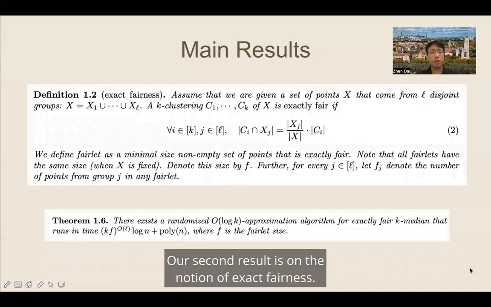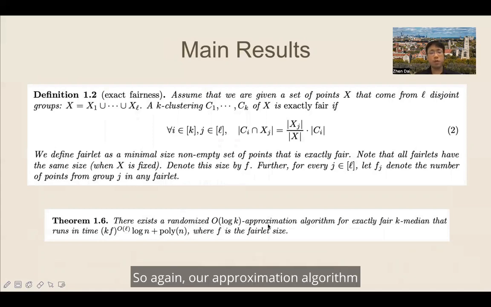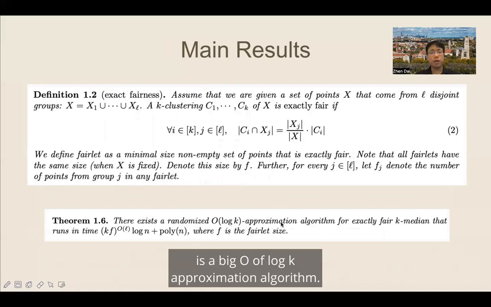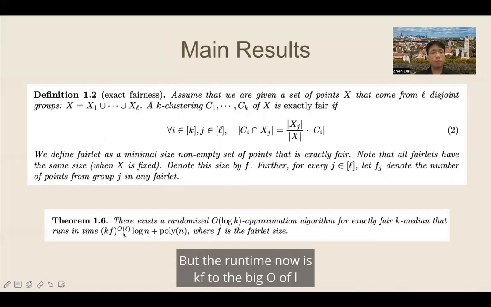Our second result is on the notion of exact fairness. And in this case, we could speed up the algorithm. So again, our approximation algorithm is a big O of log K approximation algorithm. But the runtime now is K f to the big O of L times log n plus poly n, where f is the fairlet size.